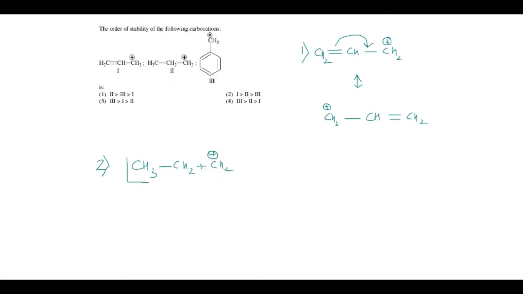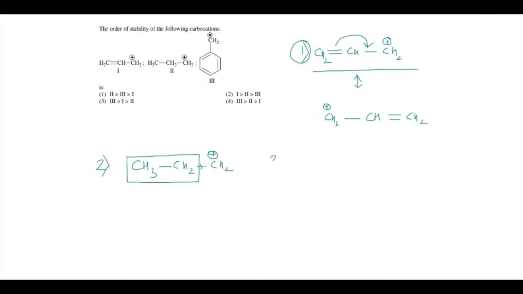This effect is not as effective compared to that of our first system, where a pi electron is involved, but it is effective in stabilizing the carbocation when there is nothing else present in the system. So it is effective, but not as effective as our number 1 system.